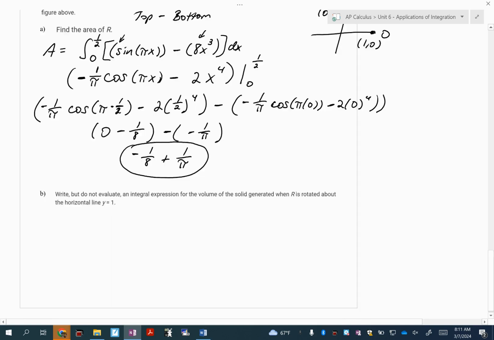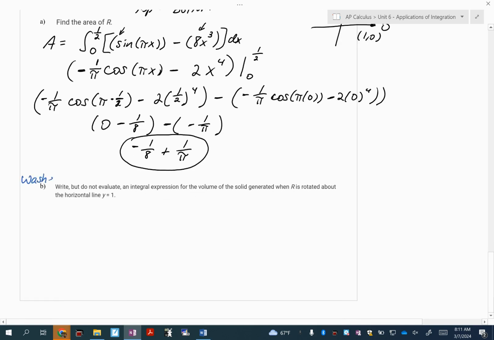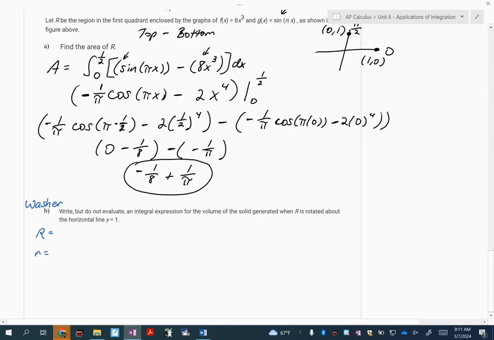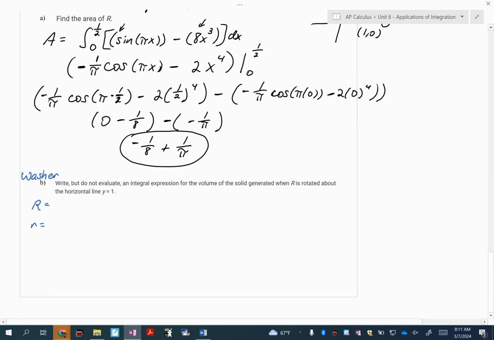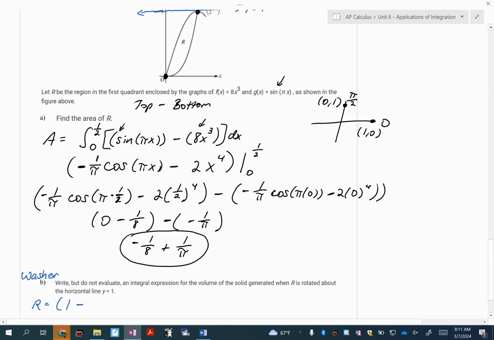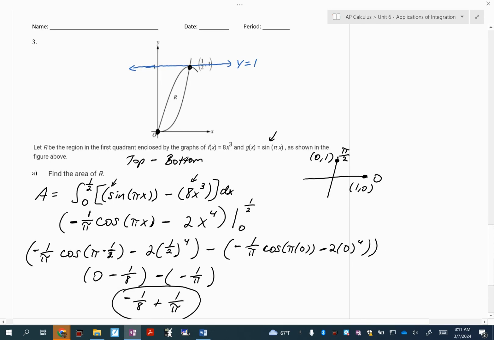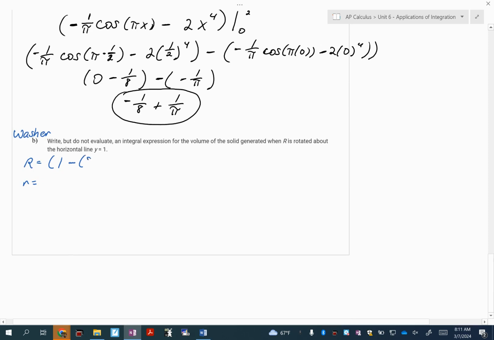So this is going to be what we call the washer method, where we've been practicing, where I want to find a capital R and a lowercase r. So the distance from the axis of revolution of 1 minus the function that is farthest away is going to be my 8x cubed function. So 1 minus 8x cubed.